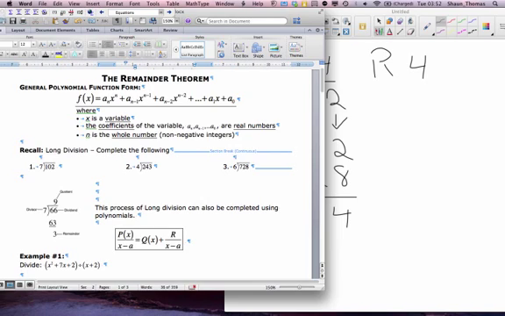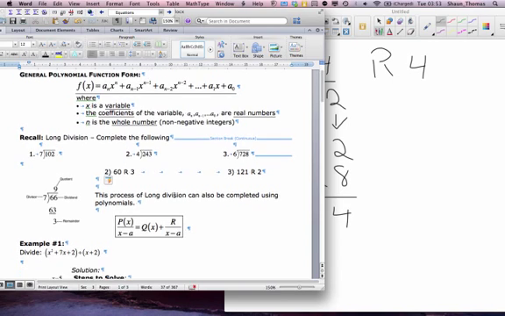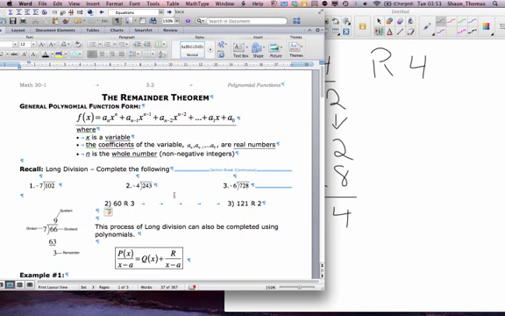Question number 3 is going to have the solution of 121 with a remainder of 2. You can double check that for me, but following our long division process, that should be what you end up with. We're now going to take this concept and apply it to our polynomials.